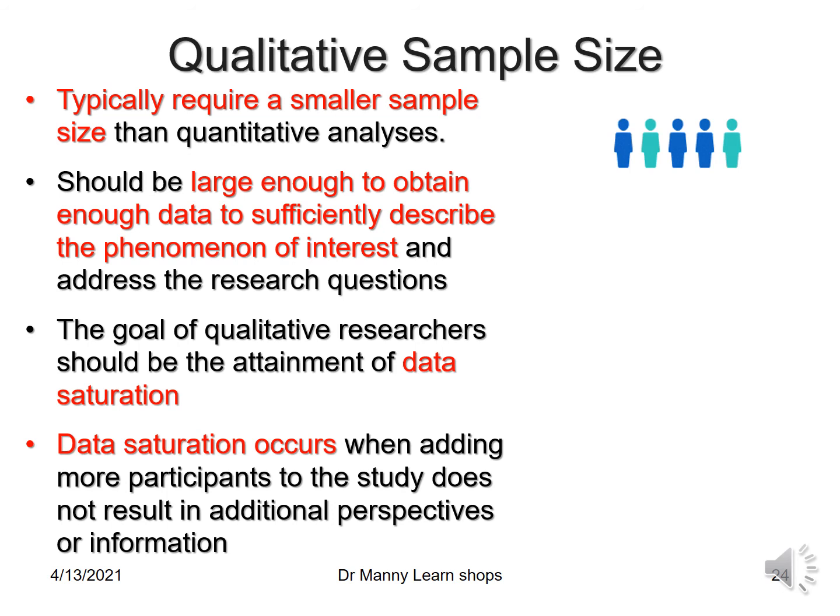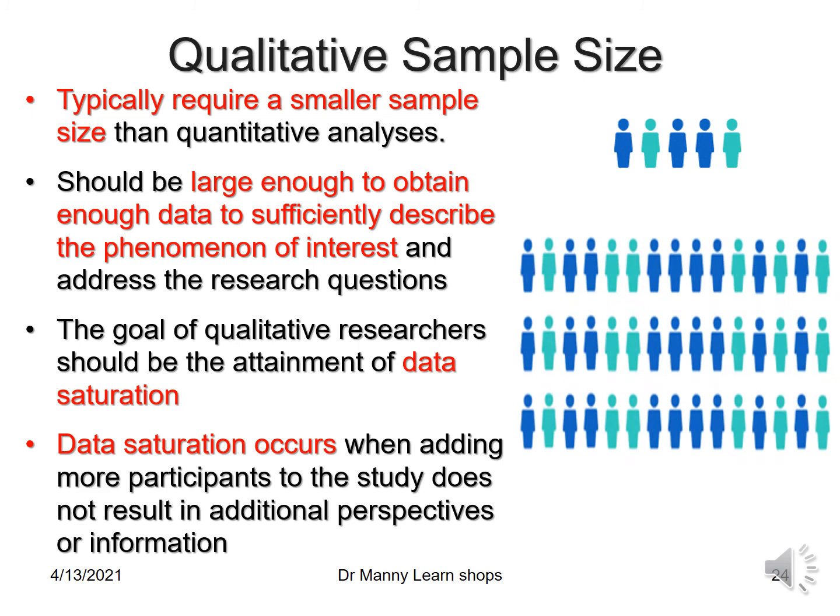However, in qualitative research, sample sizes are typically smaller than their quantitative counterparts. However, they should be large enough to obtain sufficient data to describe the phenomenon of interest that you want to research, and in doing so, this addresses the research questions.